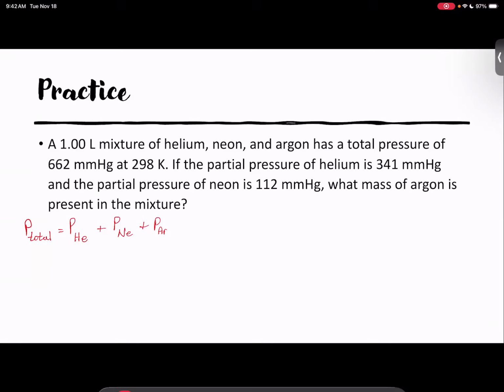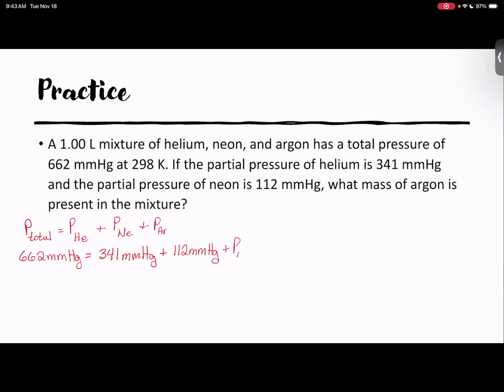So, P total was 662 millimeters of mercury. That's equal to 341 millimeters of mercury for helium plus 112 millimeters of mercury for neon plus the pressure of argon.